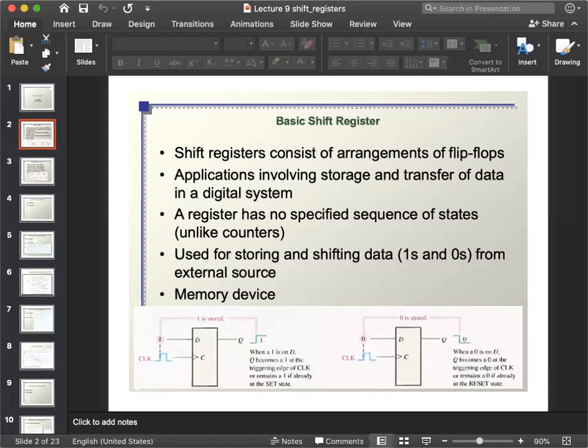The register has no specified sequence of states, meaning there is no counter or anything here. It does not follow any specific sequence, it just follows the clock beats, and following the clock beats it shifts the data from one flip-flop to another flip-flop, sending data from here to there. It is used for storing and shifting.